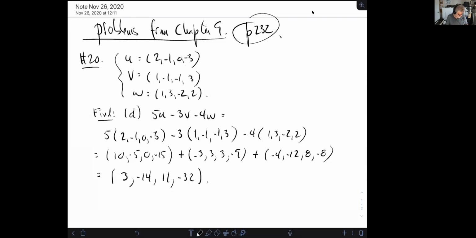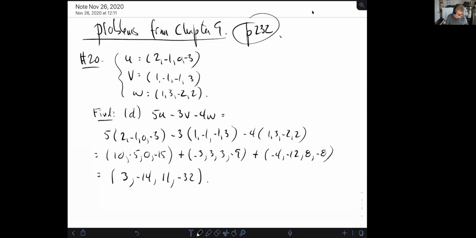Yeah, I have one, sir. Pardon the interruption, but it was -3 times what's inside the parentheses, but the -3 became plus. Okay, so I'm multiplying the vector (1, -1, -1, 3) by -3. Let's do one little remark here.